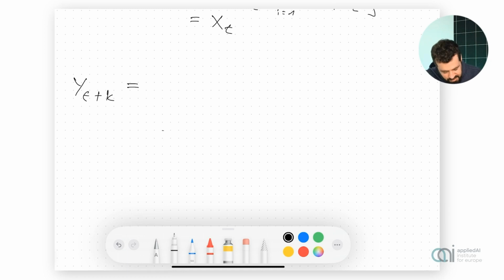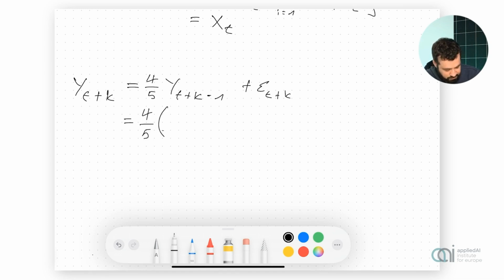So first, in the definition, the y_{t+k-1} goes in with a factor of 4/5. Now I'm just going to do the substitution 2 times, but you can see that the factor quickly moves towards 0.